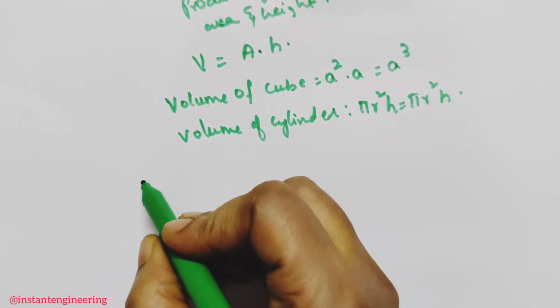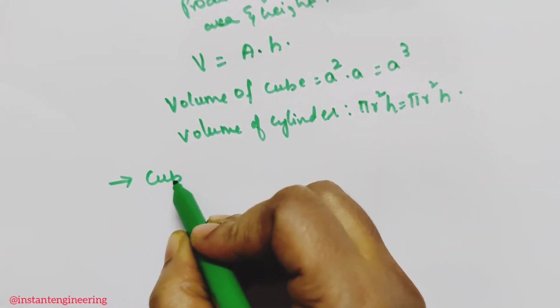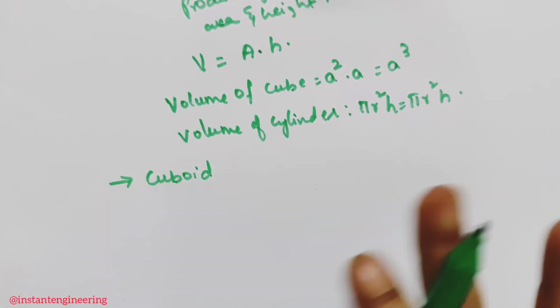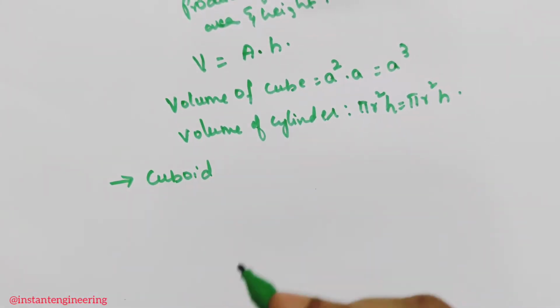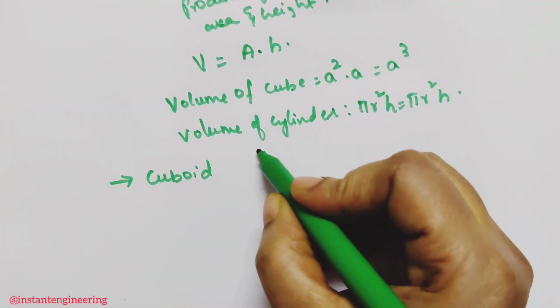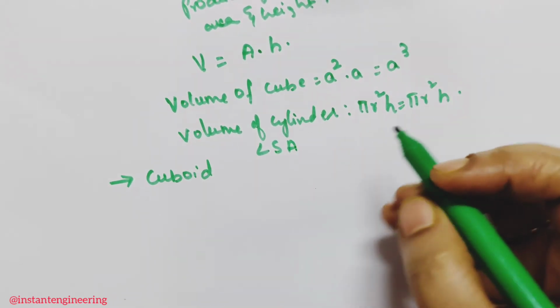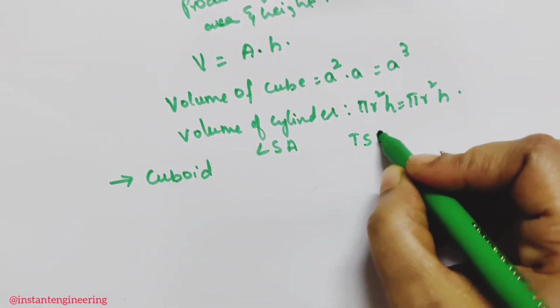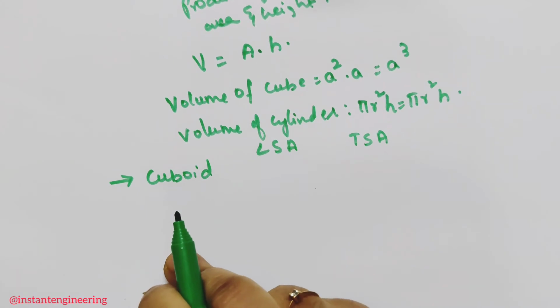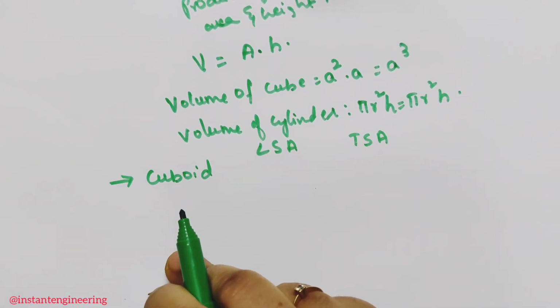If it is a cuboid, you have to remember these formulas generally, which are asked the maximum number of times. Those only I'm telling here: TSA and volume of cuboid, cube, and mostly sphere, hemisphere and all.